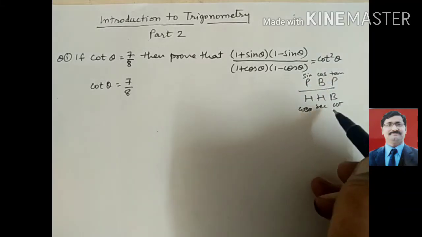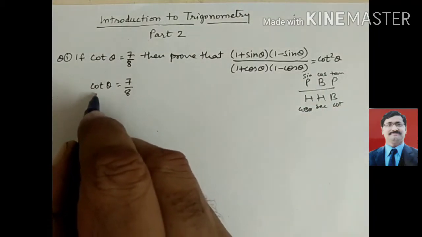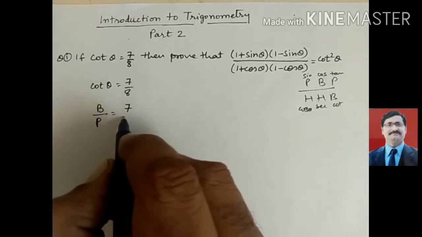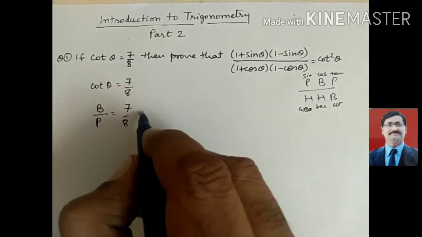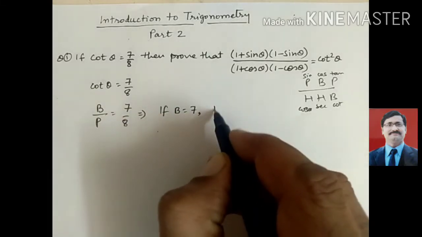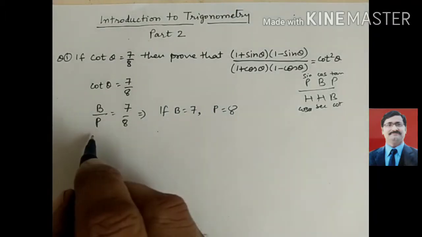Cot theta is base upon perpendicular, which is 7 by 8. By this you can write, if base equals 7, then perpendicular equals 8. All understand this? Now we will use the Pythagoras theorem.